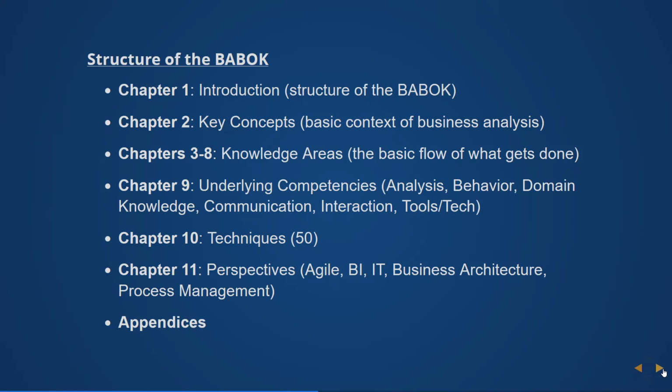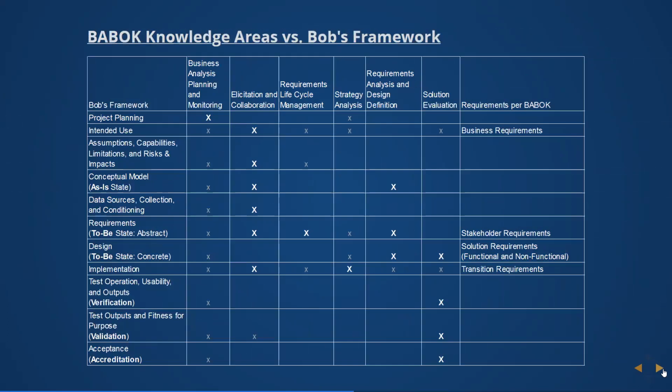And what that's all about is describing in its way how you work through the different phases, but it defines the phases differently, and I'll explain why in a minute. It talks about some underlying competencies, then it talks about some techniques, and it talks about the perspectives last. And then it has supplementary stuff.